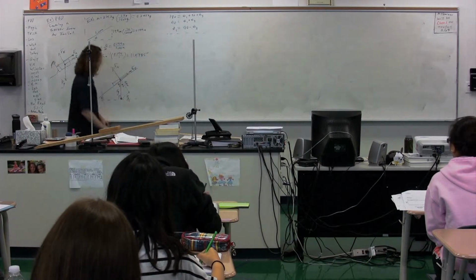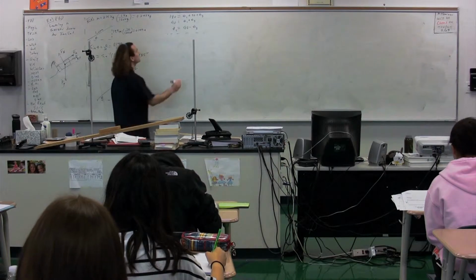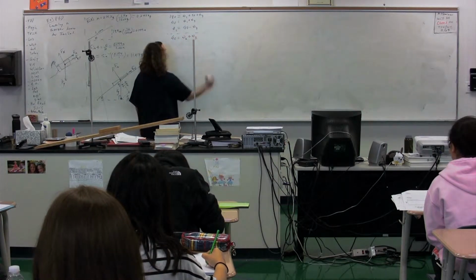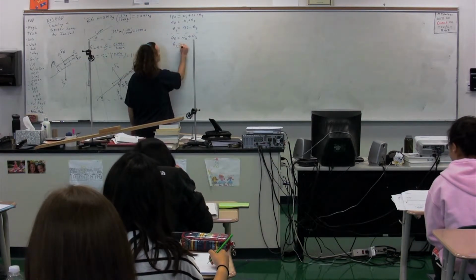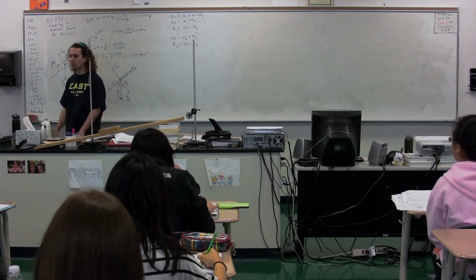In addition to that, we can see that theta 2 plus theta 3 actually add up to 90 degrees. So 90 is equal to theta 2 plus theta 3. Again, we can subtract theta 3 from both sides, and we get theta 2 is equal to 90 minus theta 3. Therefore, what is true?